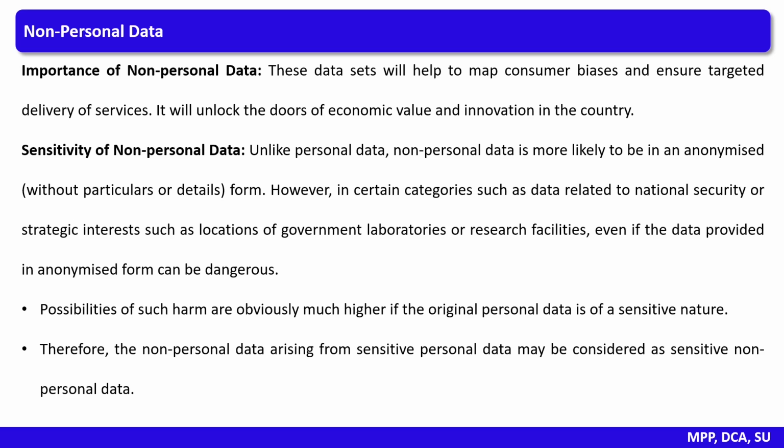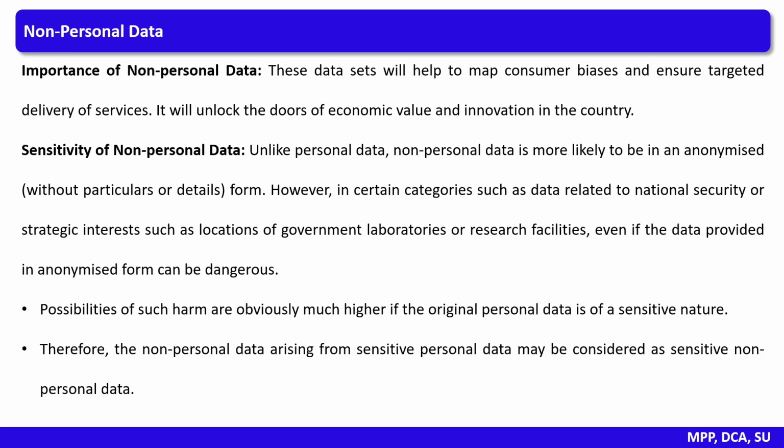Now let us discuss something about sensitivity of non-personal data. Unlike personal data, non-personal data is more likely to be in an anonymized form. However, in certain categories such as data related to national security or of strategic interest, such as location of important governmental agencies, even the data provided in anonymized form can be dangerous.